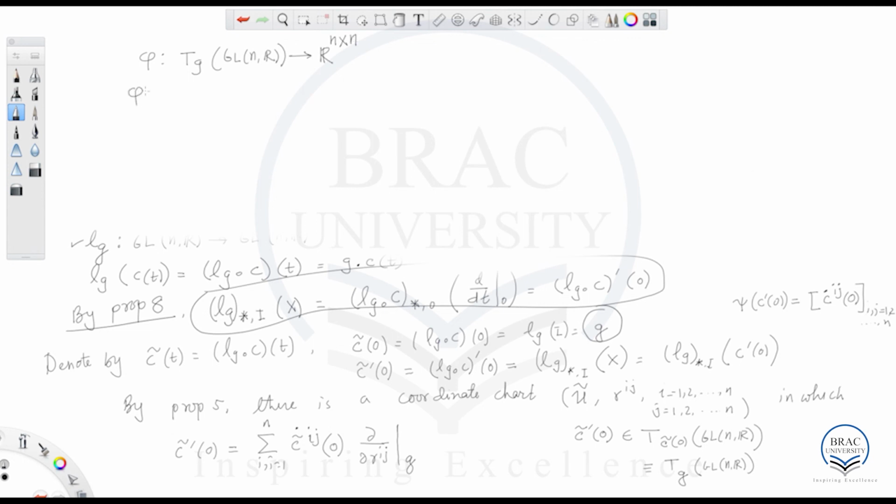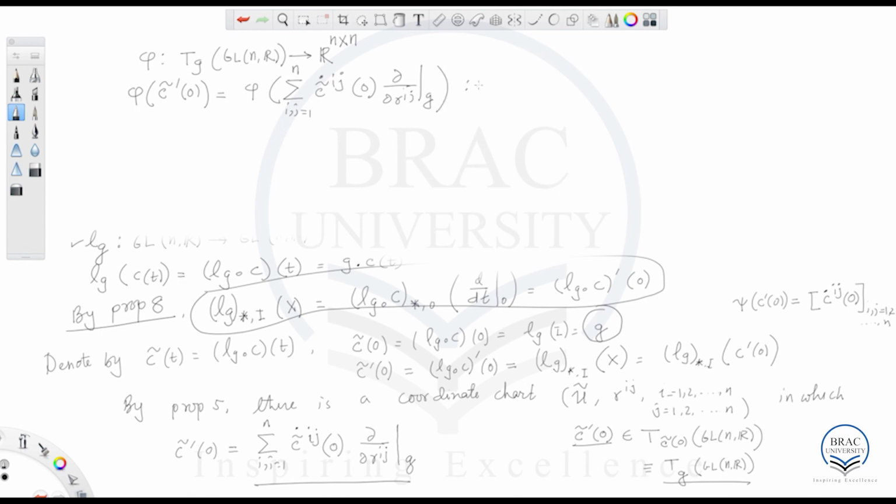Phi of this C tilde prime at 0, which is in this tangent space, is equal to phi of the sum over ij from 1 to n of C tilde dot ij at 0 del by del r_ij at g.